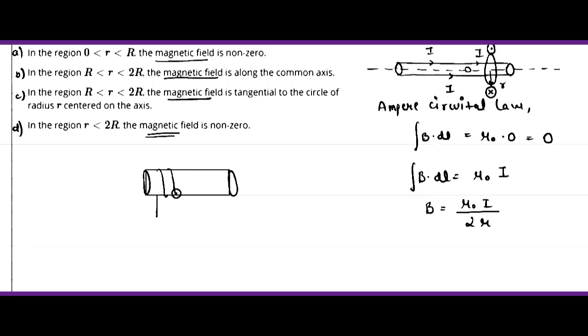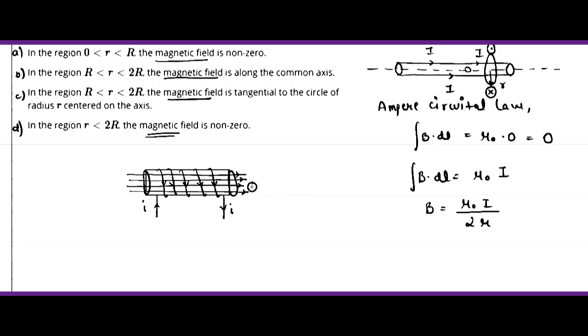The wire is wound like this, and we know that for a solenoid, let's say I current is flowing inside the solenoid wires. So we know that the magnetic field is generally confined within the solenoid like this. And we can find the direction of this magnetic field by the right hand thumb rule, and it will be along this direction.